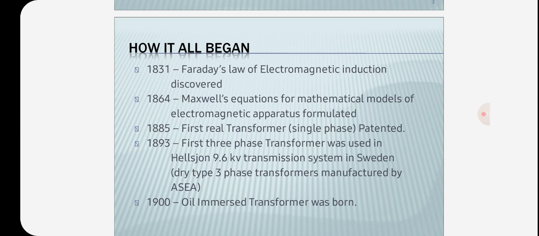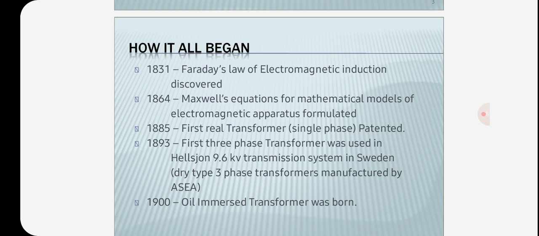In 1831, Faraday's law of electromagnetic induction was discovered. Faraday described two laws, Faraday's first law and Faraday's second law. The transformer works on the electromagnetic induction principle. This is the basic base of the transformer.